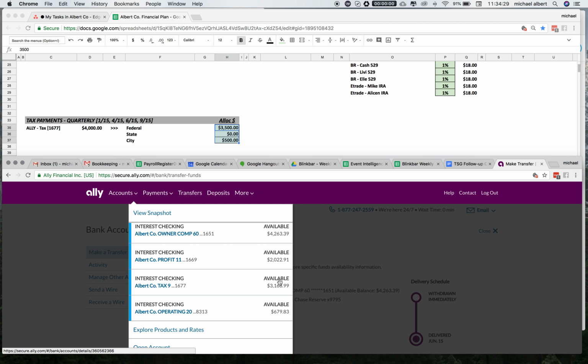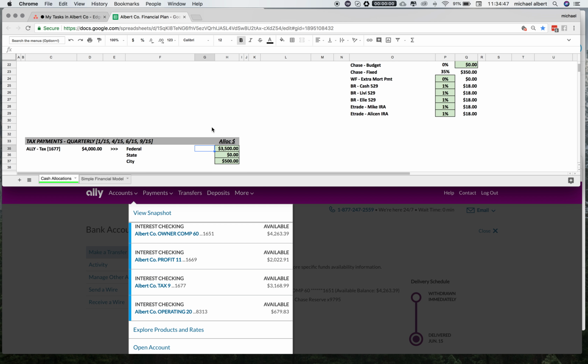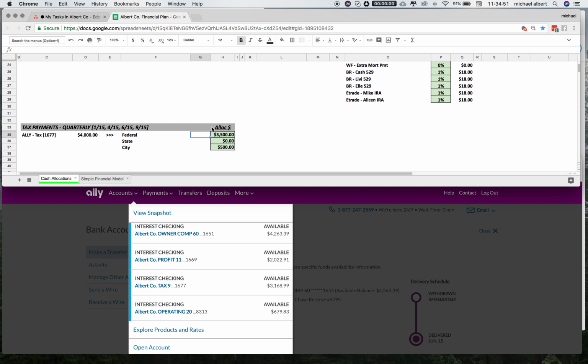It's something that you don't ideally want to have to do, but because of this short 2-month quarterly payment, I'm going to have to transfer the difference, $830, to that tax account, and I'm going to take it out of my profit account to do so to cover these two payments for taxes.